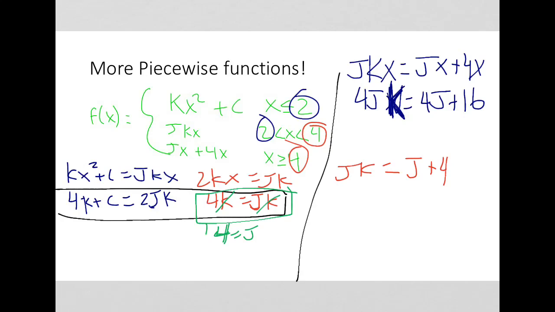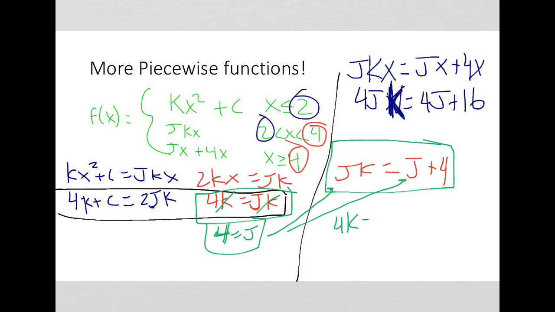And now that we know one of our values, we can start plugging in. Notice this equation has j and k, so if we substitute in our j value, we can get 4k equals 4 plus 4. So we can get k equals 2. And now we have our k value as well.